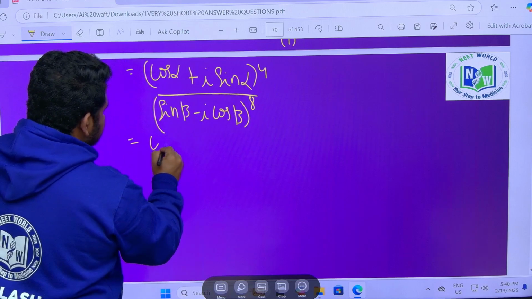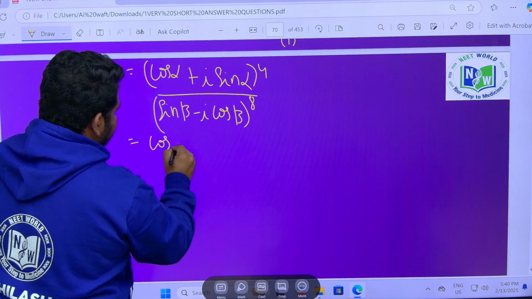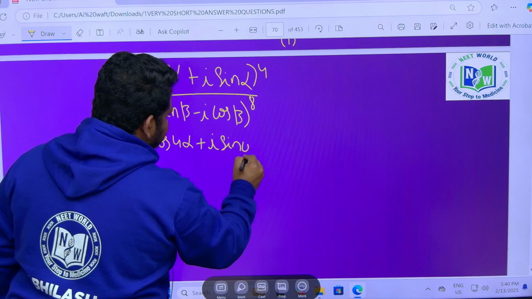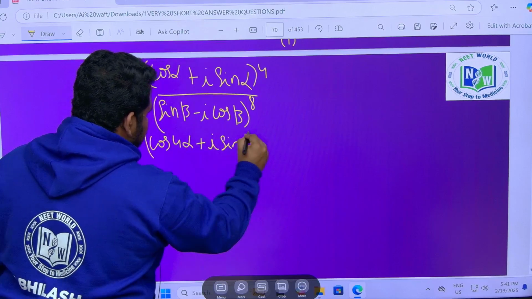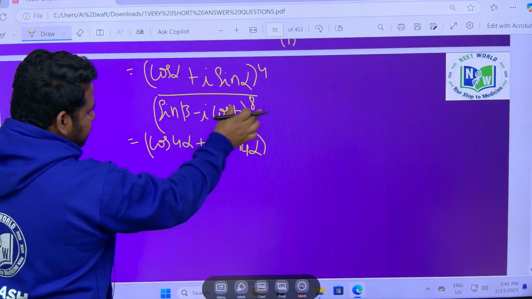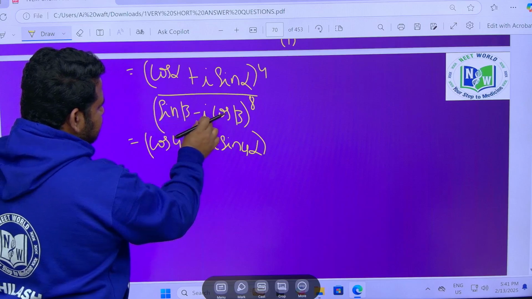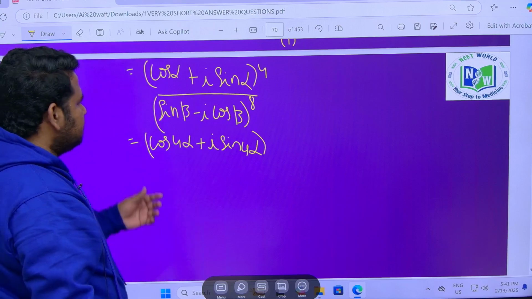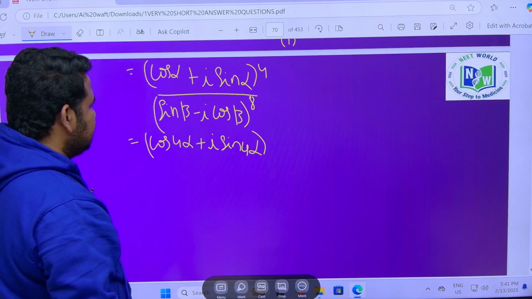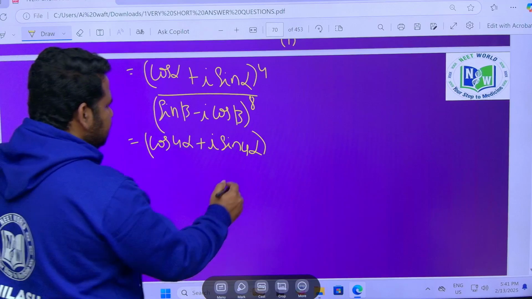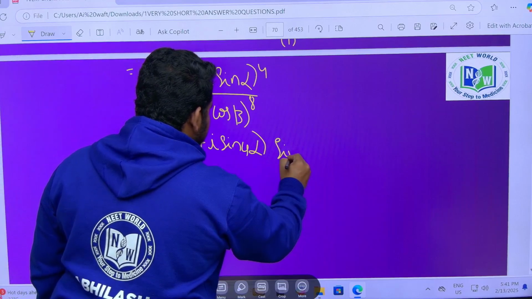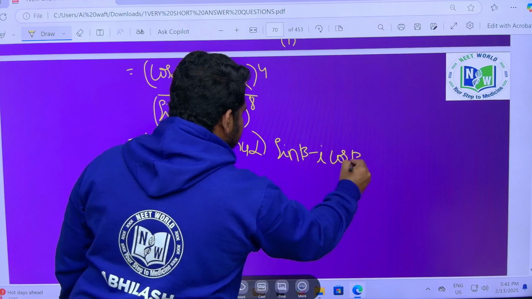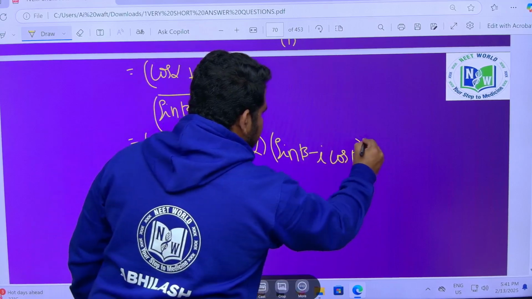This will become cos 4 alpha plus I sin 4 alpha, and the denominator, if I take it to the top, sin beta minus I cos beta to the power of minus 8.